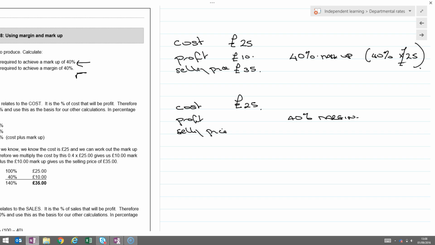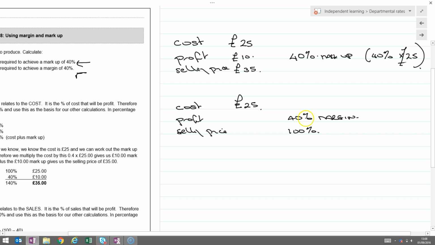So what we do is we look at the percentages first. The profit is 40% of the selling price. In percentage terms, we consider the selling price to be 100%. So selling price is 100%.